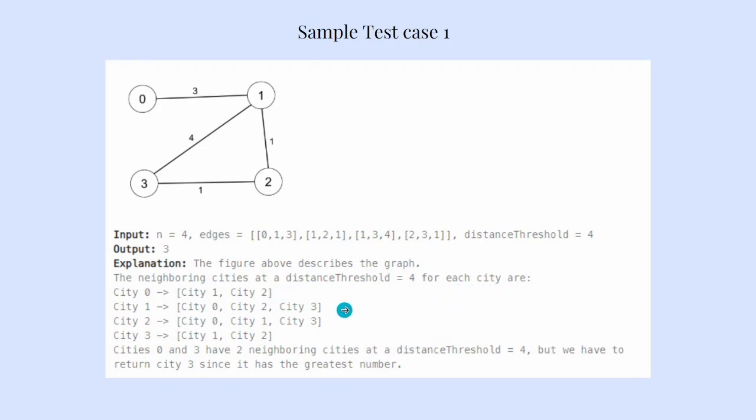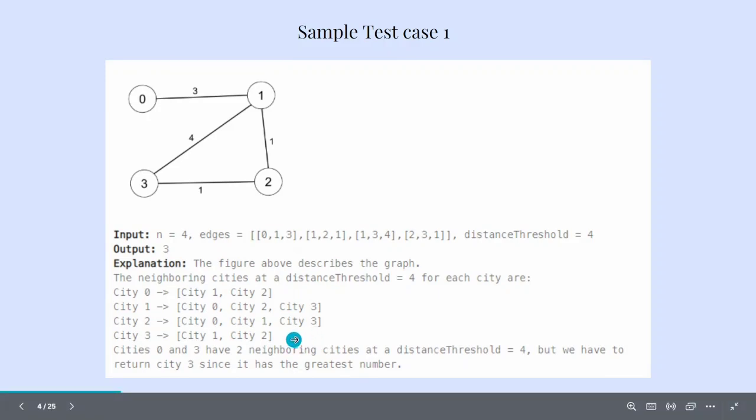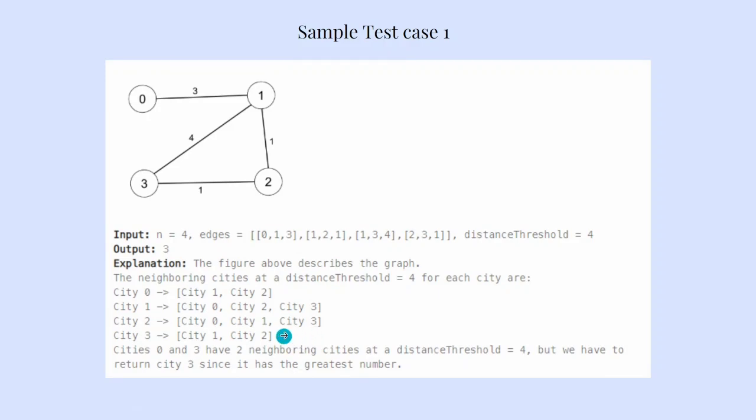For 1 it is 0, 2, 3, and for 2 it is 0, 1 and 3. For 3 it is 1 and 2. From these 4 cases we can identify that the cities with the minimum reachable cities are city 0 and city 3, which have 2 cities. So from that, the city with the greatest number is returned.